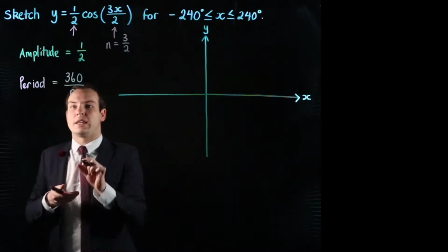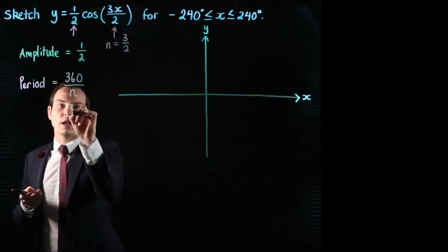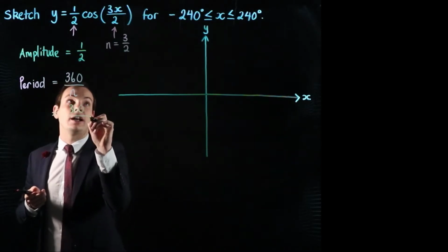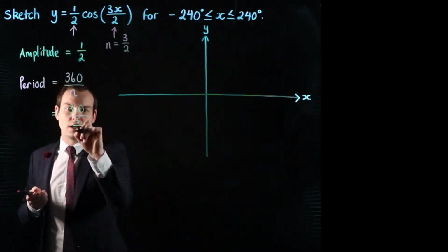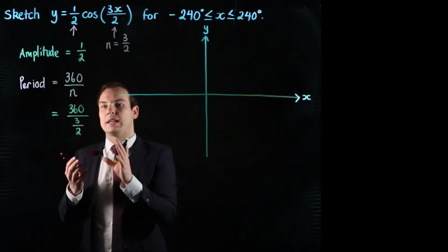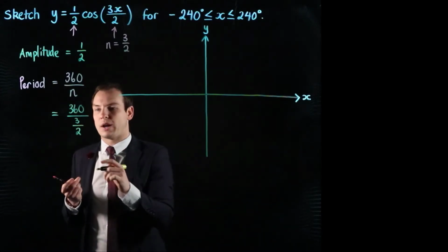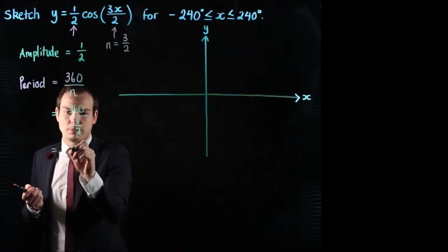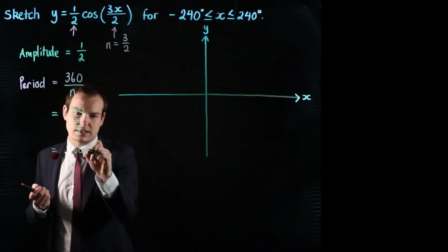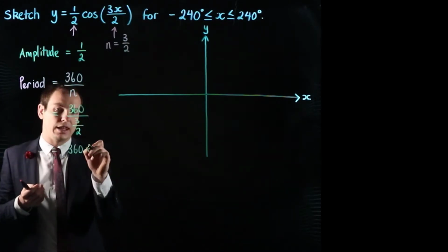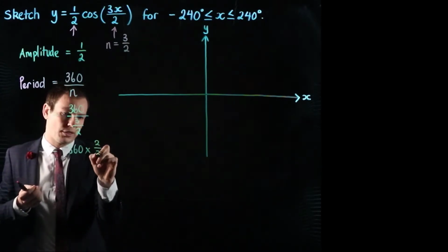So when we're going to calculate the period, we now need to do 360 and divide it by 3 over 2. And then instead of dividing a fraction by a fraction, we like to multiply by the reciprocal. So we're going to have 360 multiplied by 2 over 3.